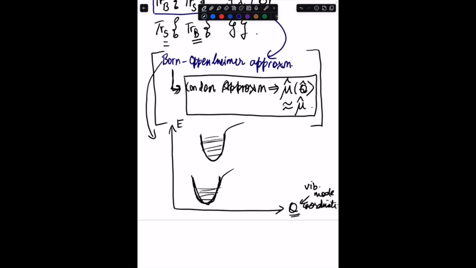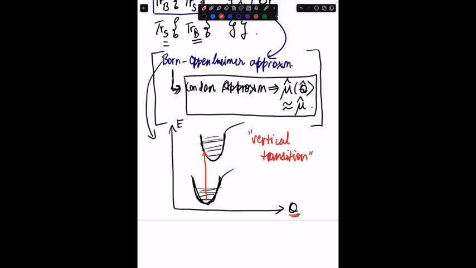So this coordinate, let's just say, reports on the length of a specific bond or something like that, right? So in that case, you have your particular transition, and it would be a vertical transition.